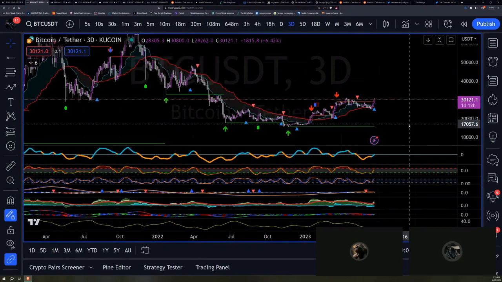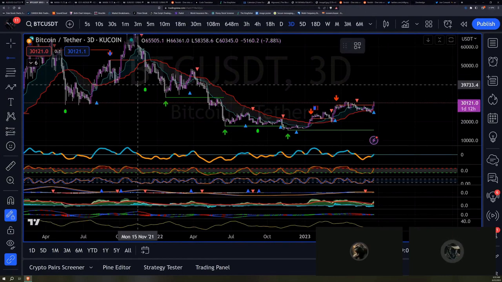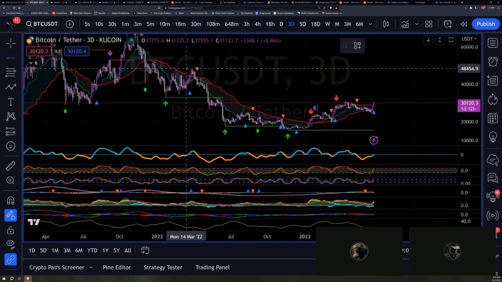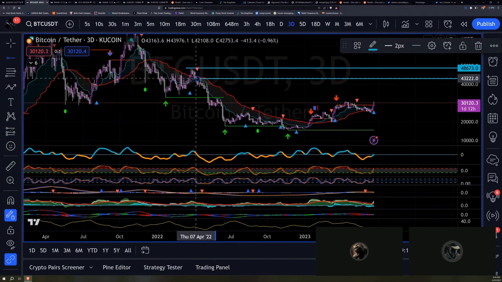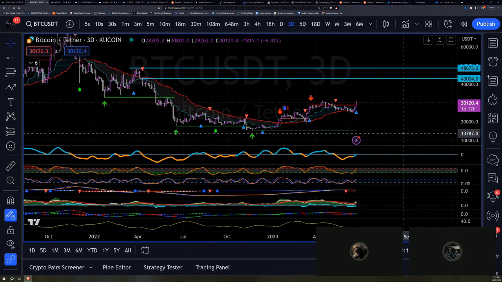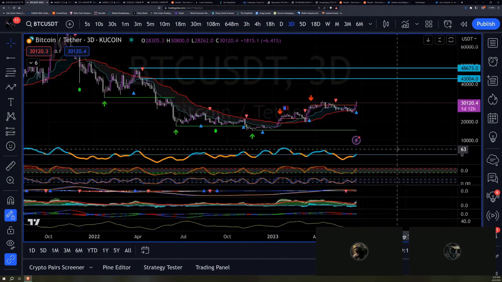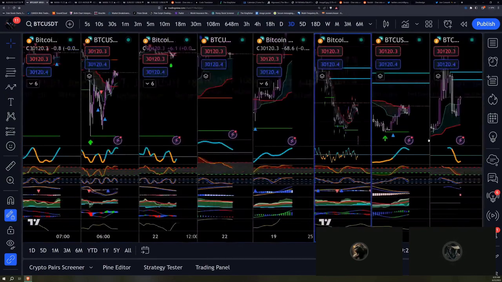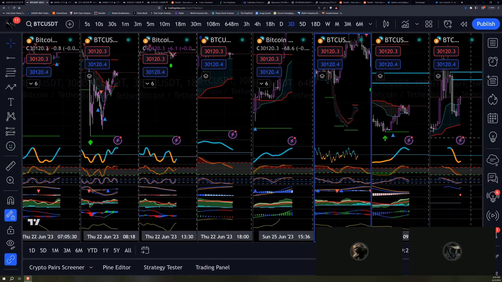And if price breaks up past 31 and has any follow through, then I'd be looking for some resistance around that 43 to 48,000. I know that sounds exciting. I know everybody's like, oh, 40, Bitcoin's bull market again. And it's possible, it can happen. It's just historically not that likely.